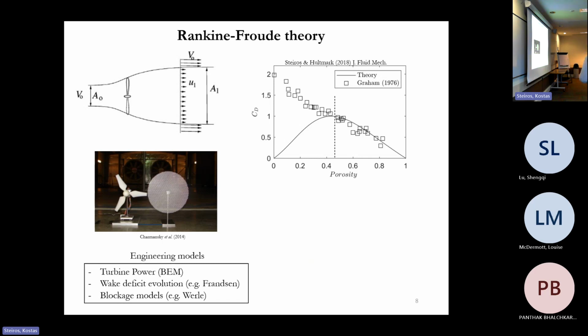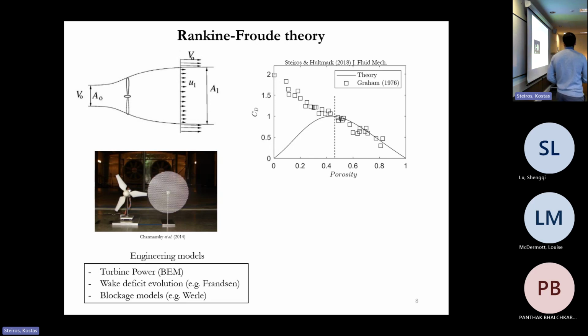And then we can run many cases and run optimization problems. There are very popular existing models, called blade element momentum theory models, that calculate the power production of the turbines, or models that calculate the evolution of the wake velocities in the problem of planning the whole wind farm and where to position the turbines. Or, for example, there are blockage correction models where we are dealing with experimental measurements.